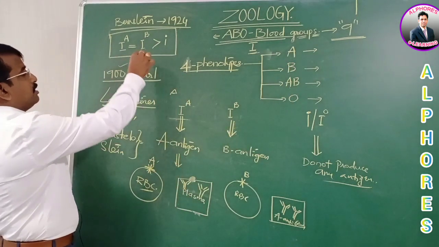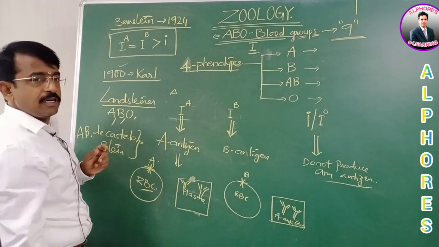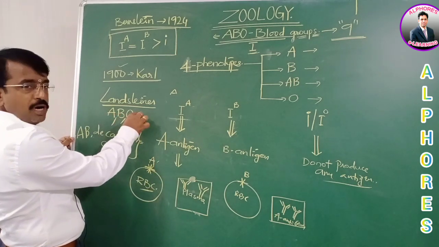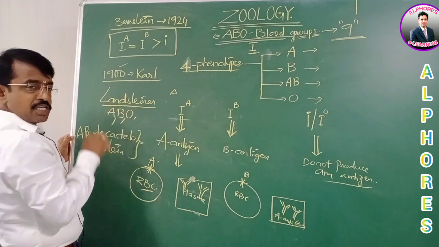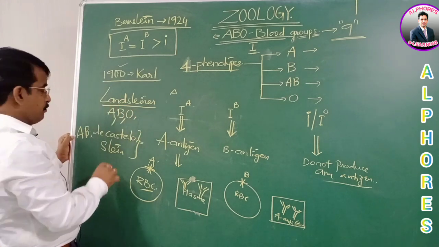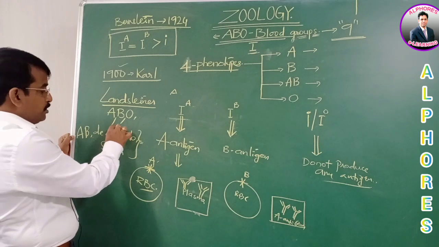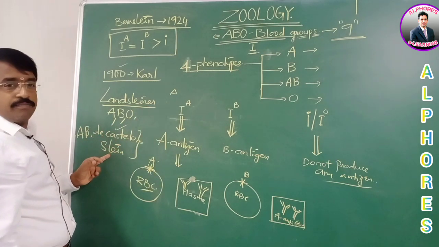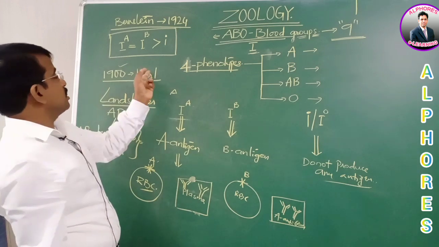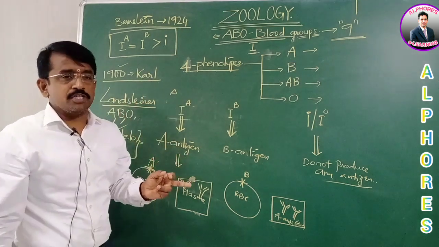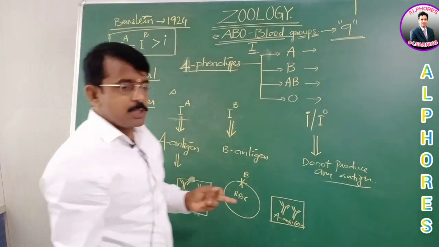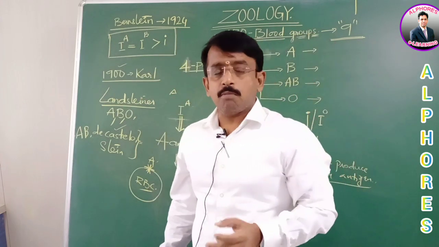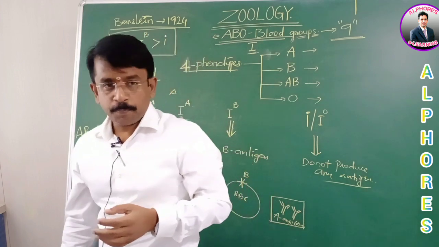In this, Karl Landsteiner first discovered the A blood group, B blood group, O blood group while doing a transfusion test. And the AB blood group was first discovered by De Castello and Sturli. In 1900, Karl Landsteiner discovered this, and for this, in physiology and medicine, he was awarded the Nobel Prize.